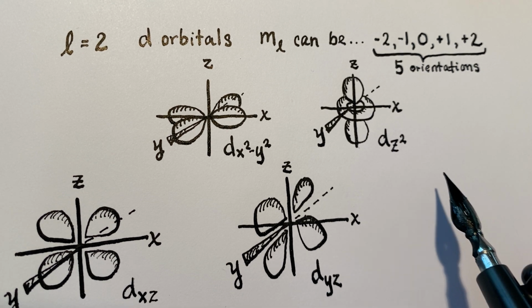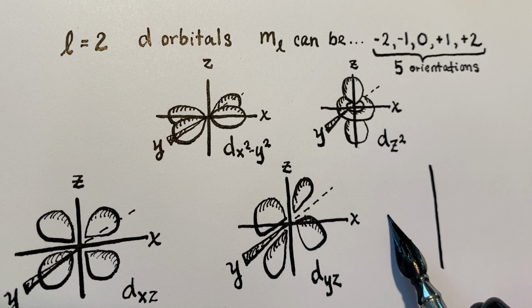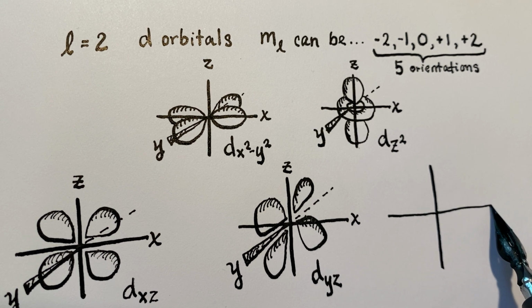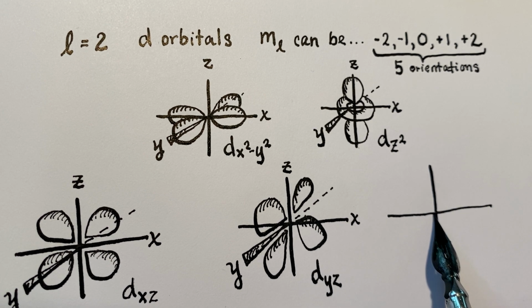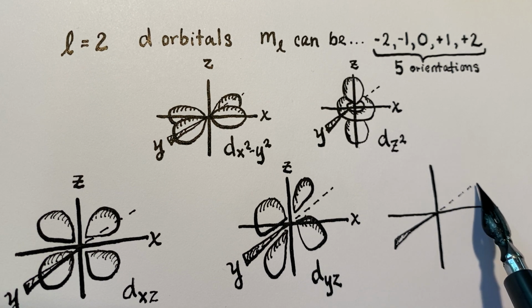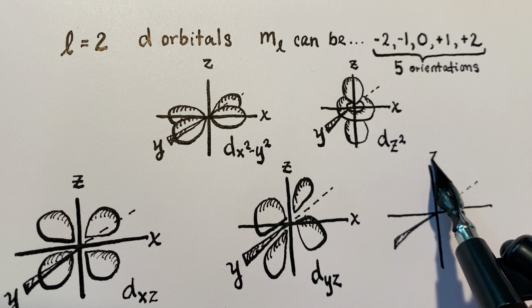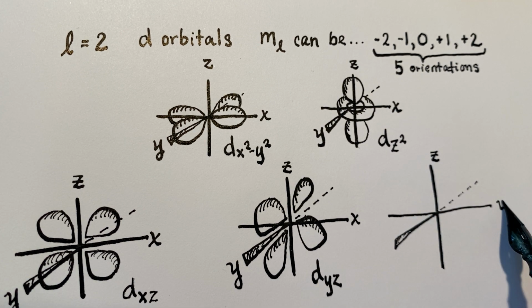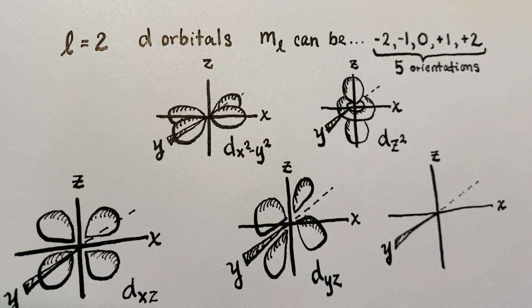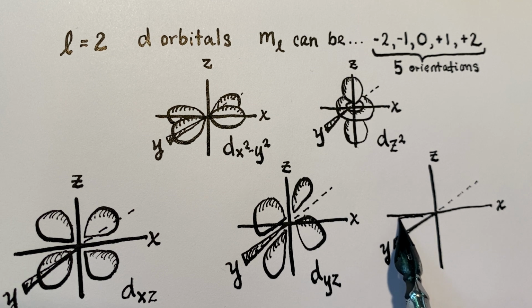So now we're going to draw the last d orbital that will be in the XY axis. So this will be flat. If we think horizontally flat. Label our axes. Okay. So now these lobes lie between the axes.